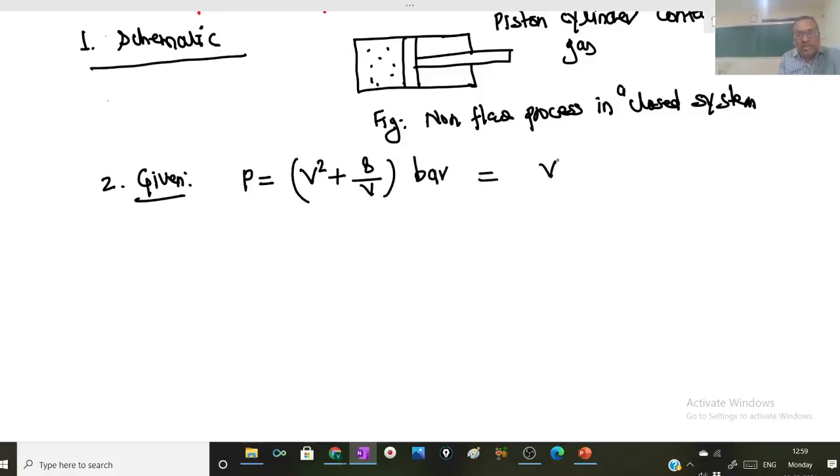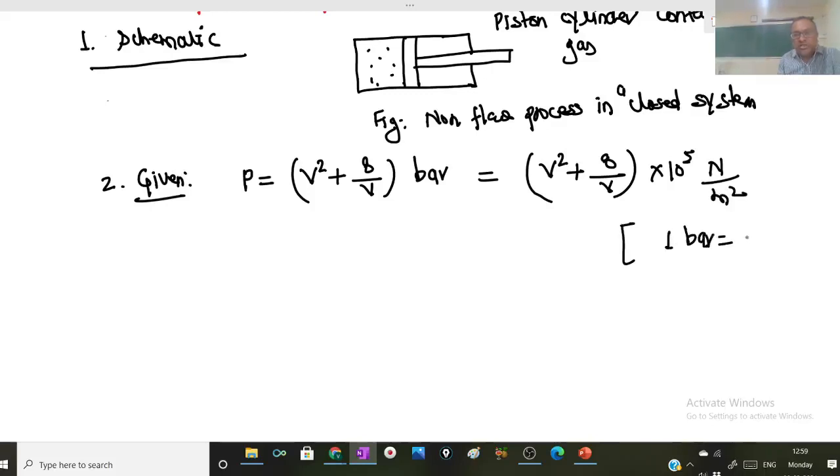So I will immediately convert the pressure of this unit into Pascal. So it will become 10 to power 5 Newton per meter square. Now since I am a science student, I know this relationship. Nothing great. The initial volume V1 is given, total volume 1 meter cube, final volume is 3 meter cube.